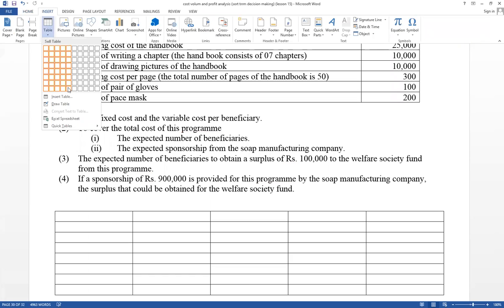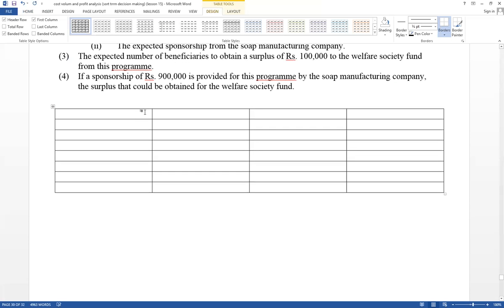Calculate total fixed cost. Total fixed cost should be calculated. And variable cost per unit. Total fixed cost. And next one, variable cost. Variable cost per unit.